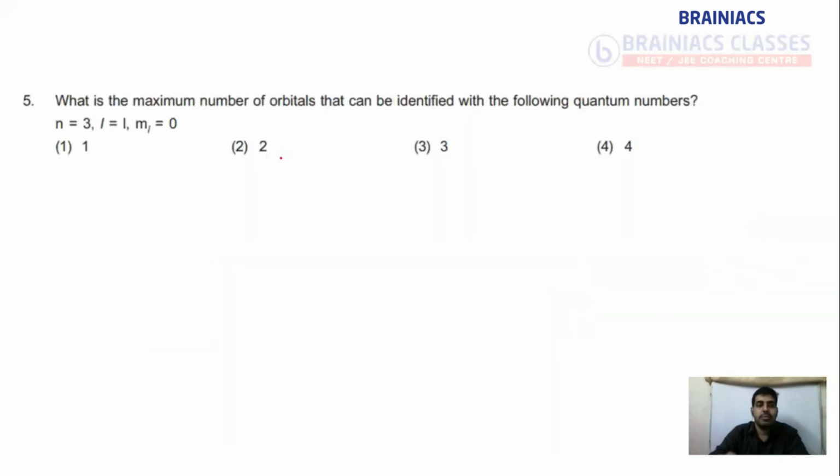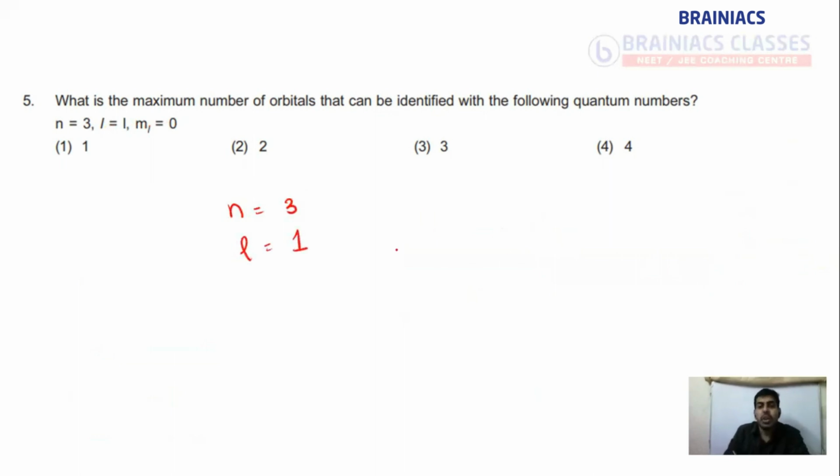Question number 5. What is the maximum number of orbitals that can be identified with the following quantum numbers? N is equal to 3, L is equal to 1, ML is equal to 0. Now here, N is given as 3 and L is equal to 1.